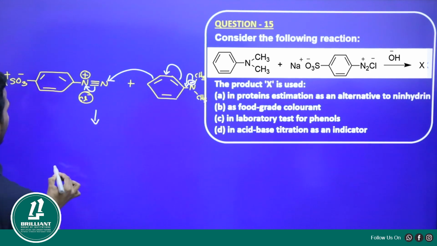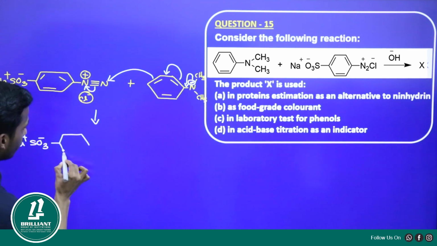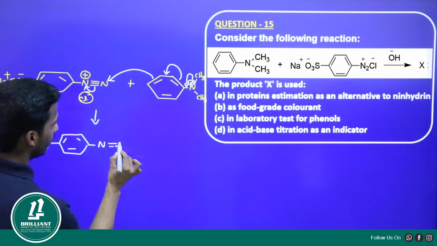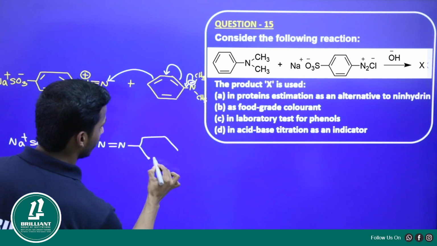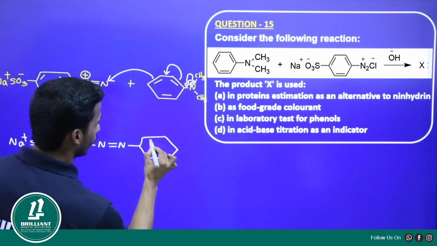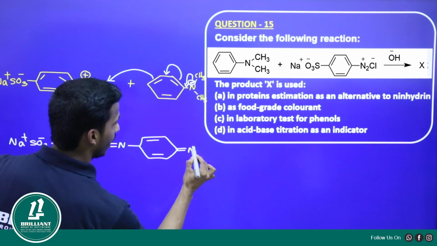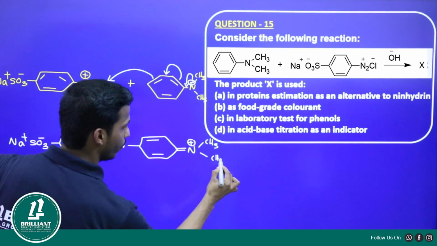And you will get the compound here, Na+ SO3- and the benzene ring with nitrogen double bond with the nitrogen, and here one pi bond comes here, already this pi bond here, and we have double bond N+ CH3, this is the compound we have, right?